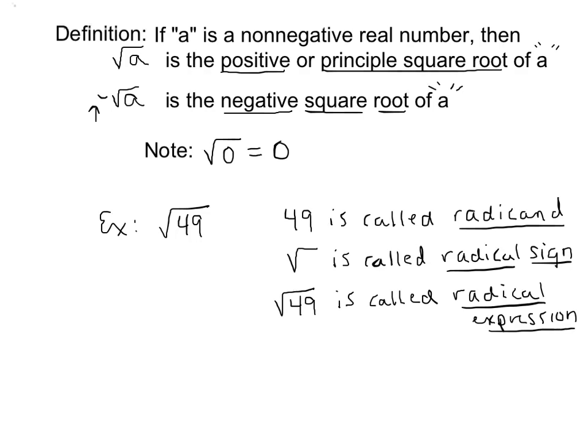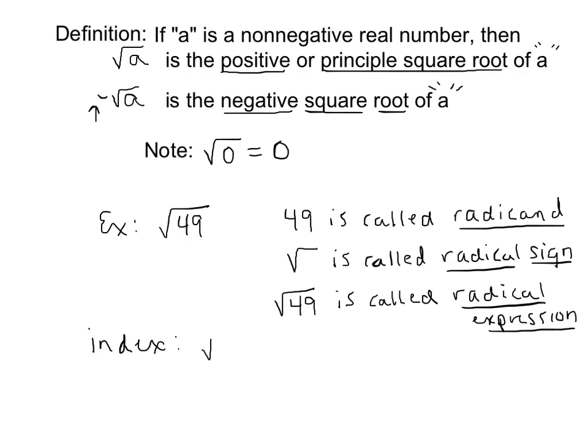Now, another part of the radical expression that we will want to take a look at is what is referred to as the index. The index is basically the root of the expression that we're taking, because the square root is actually just one kind of radical.